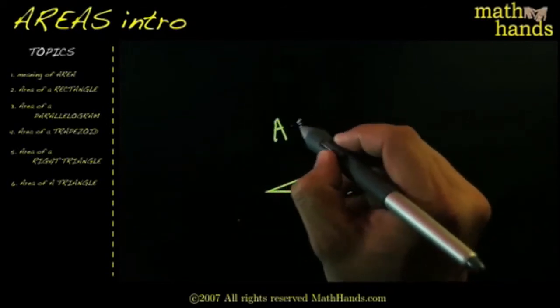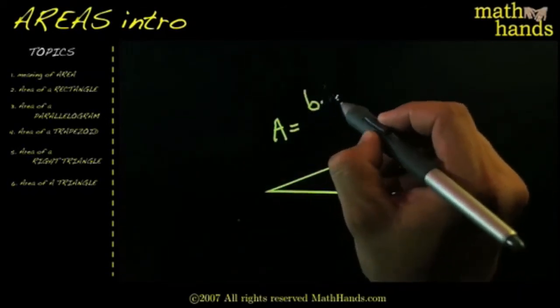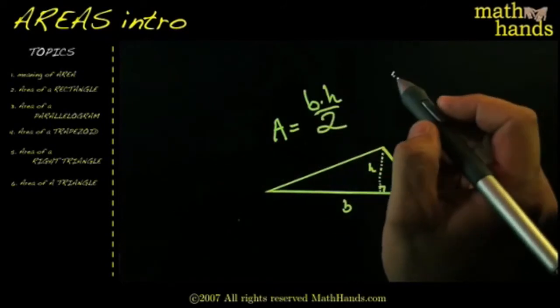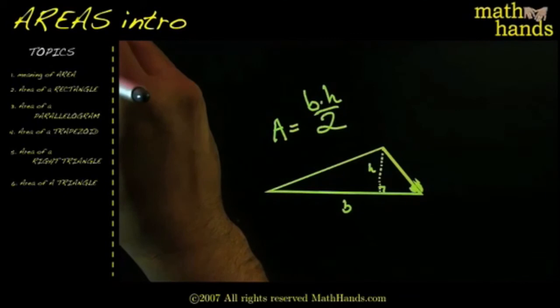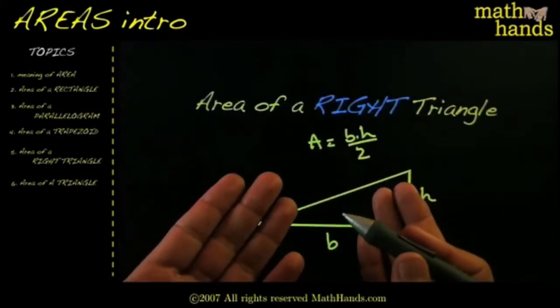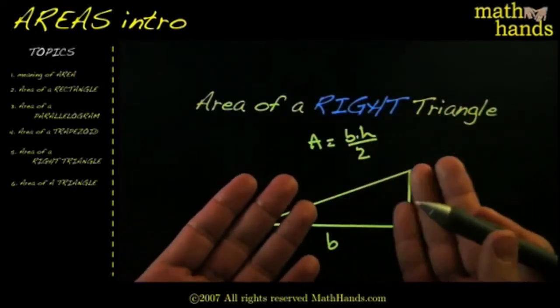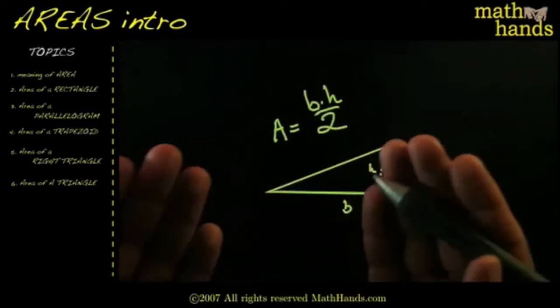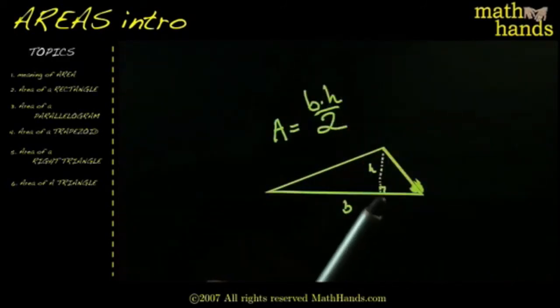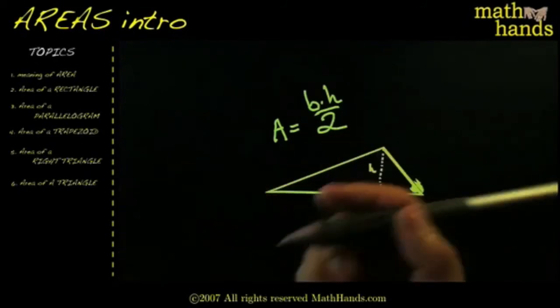Then it's settled. The area for this is base times height divided by 2. Notice it is exactly the same as the area for a right triangle. So really there was no difference. At the end of the day, the area for all triangles, not just the right ones, is base times height divided by 2.